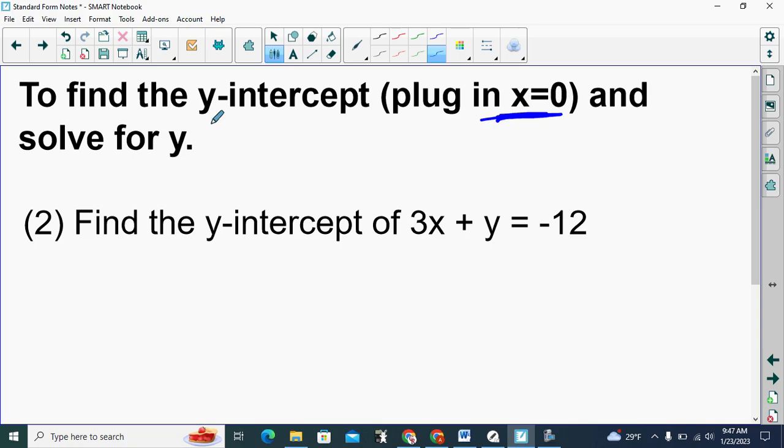So we're going to have 3 times, remember we're putting 0 in for the x, 3 times 0 is 0. So this whole x part goes away. I just get positive y equals negative 12. Notice there's not anything I need to do. I've already solved for y. y equals negative 12 is our y-intercept. Y-intercept, plug in 0 for x. X-intercept, plug in 0 for y.